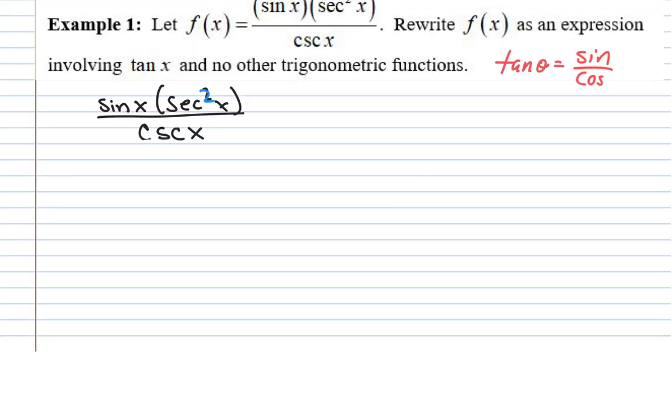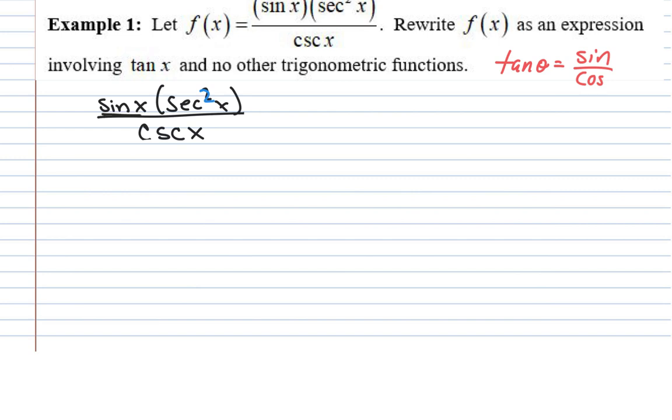So for this problem, they're saying that we need to rewrite this as a tangent, so something like this. We know that tangent is sine over cosine, so if I change these to all be sines and cosines, I could probably make something that is going to be a tangent. And I'm going to be using the trig identities from the last slide.